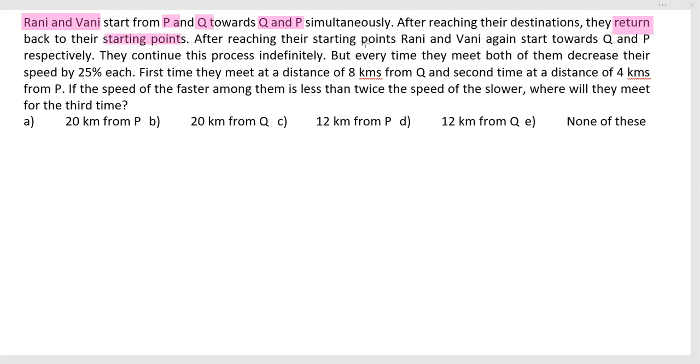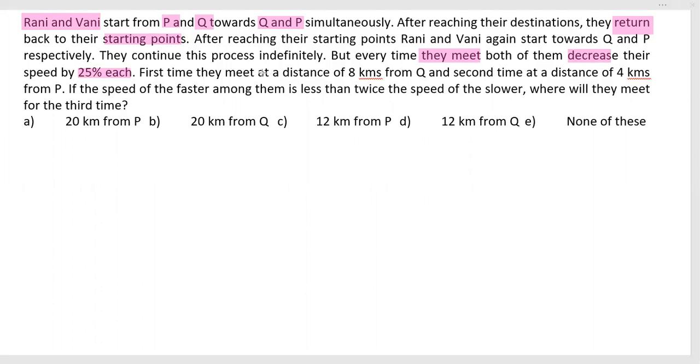After reaching their starting points, Rani and Bunny again start towards Q and P respectively. It is just a to and fro motion continuing. They continue this process indefinitely, but every time they meet, both of them decrease their speed by 25% each.